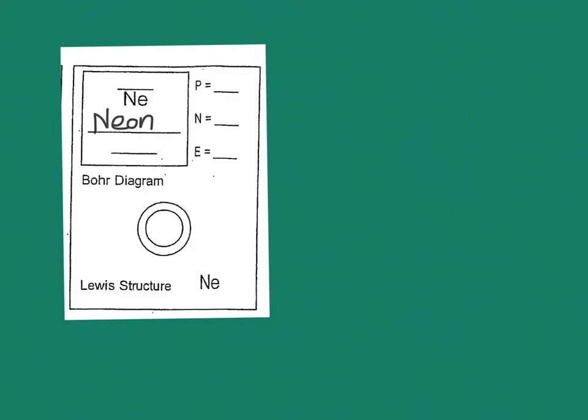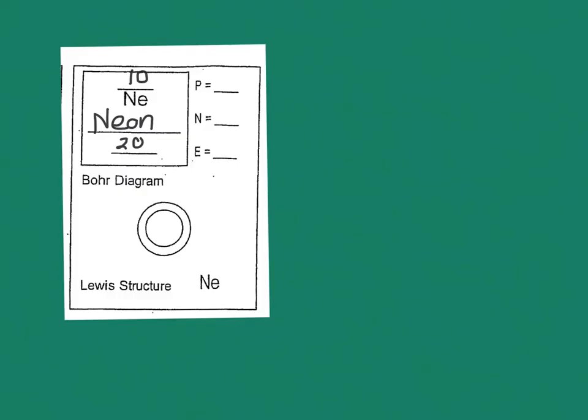The element neon is in the noble gas family in the far right hand column. Okay, neon has an atomic number of 10 and an atomic mass of 20. So I have filled out the little card there for neon.